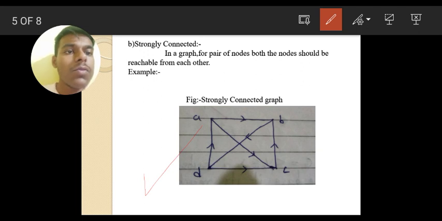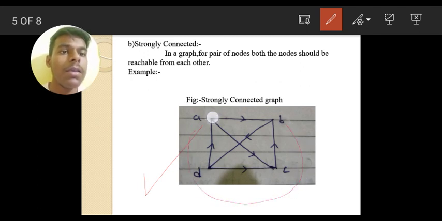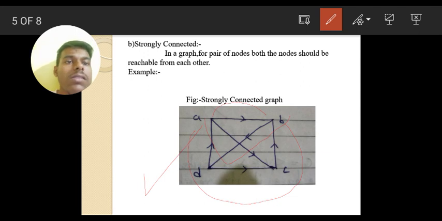I represent the four nodes A, B, C, D. In this graph, both nodes of a pair are reachable from each other. That is, A is reachable from B and B is reachable from A. In this way, this graph is a strongly connected graph.